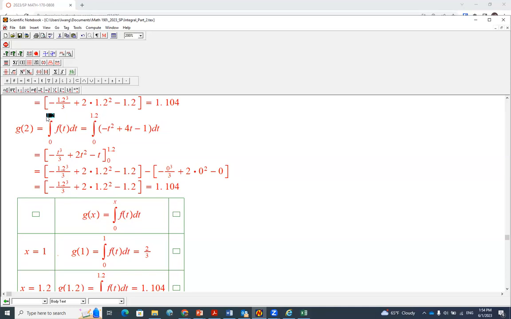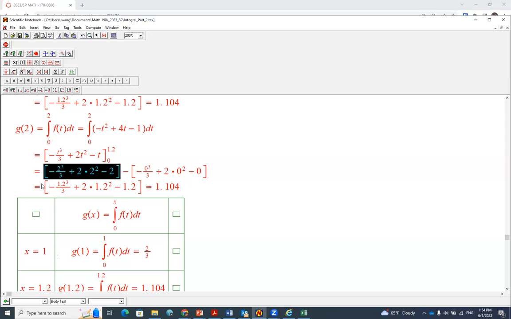So this is going to be 2, and this is going to be 2. The antiderivative stays the same, so this is going to be replaced by 2, replaced by 2, replaced by 2. And then the lower limit is still 0. So we get this number.